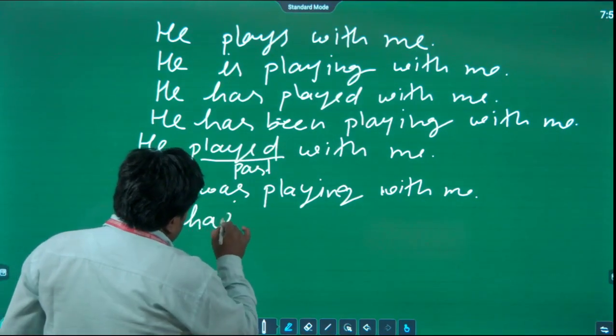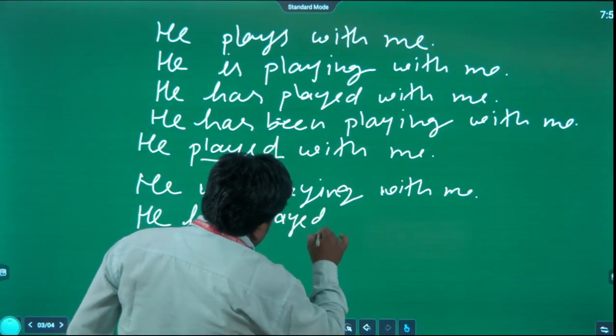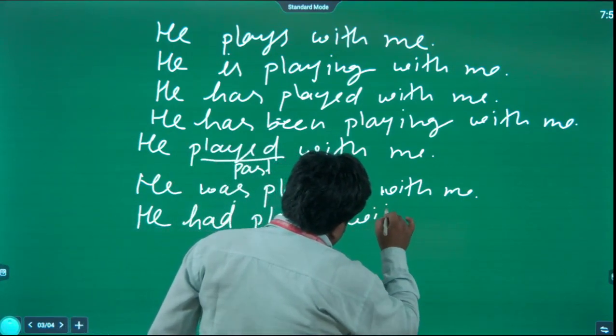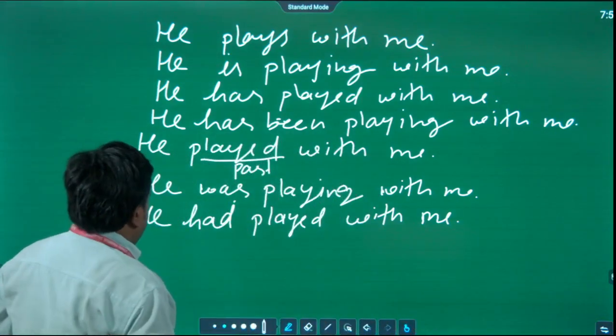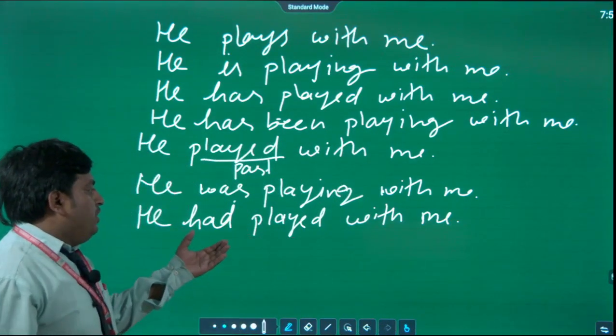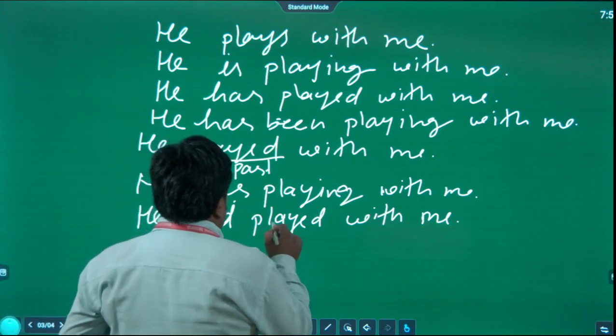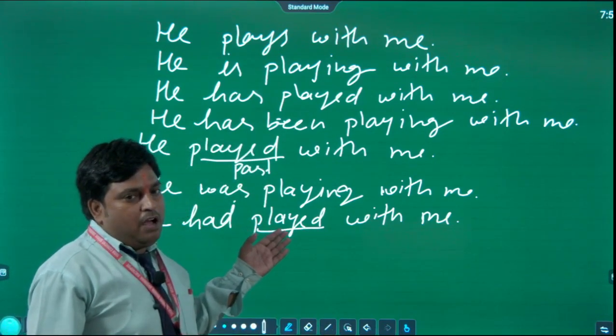Past perfect tense, he had played with me. Here in the past perfect tense, we use the third form of the verb, and it is known as past participle.